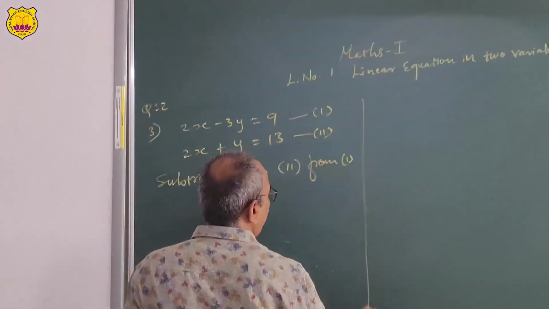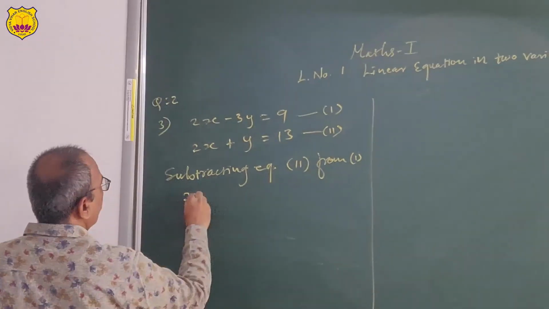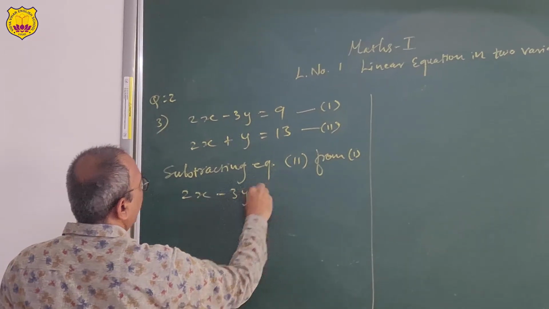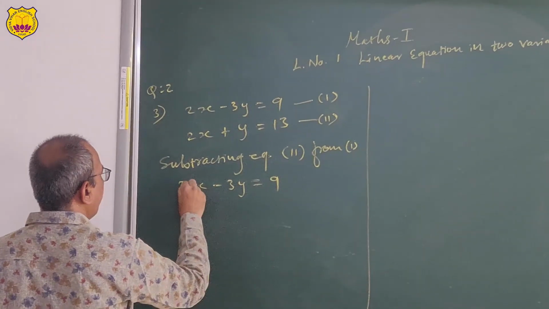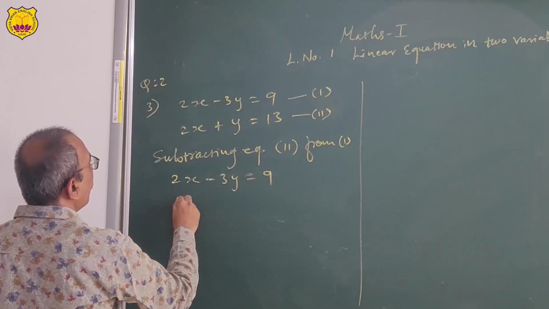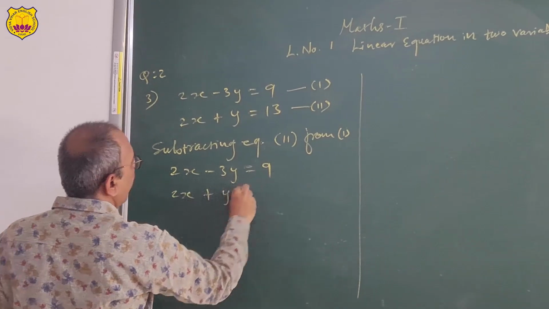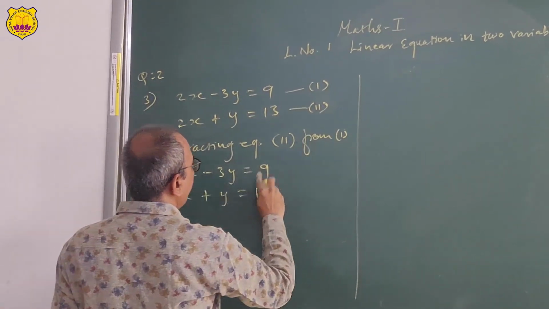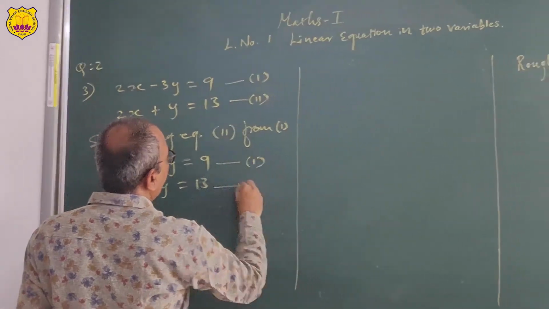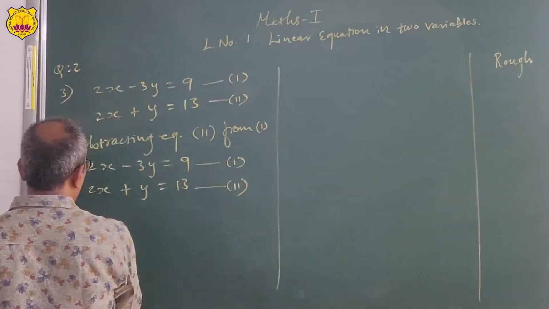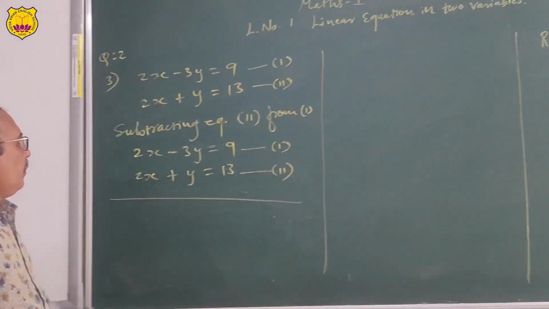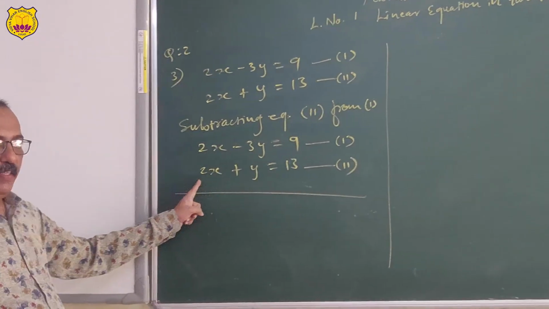from 1. So we write 2x minus 3y is equal to 9. 2x plus y is equal to 13. And remember, in subtracting, we change the sign.